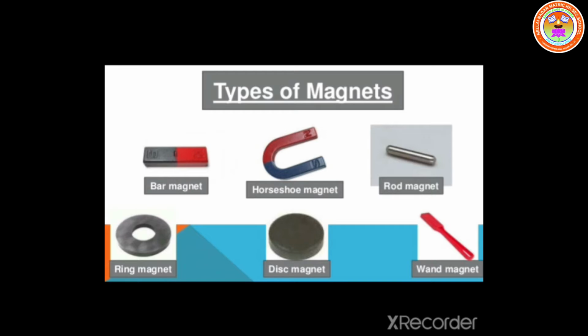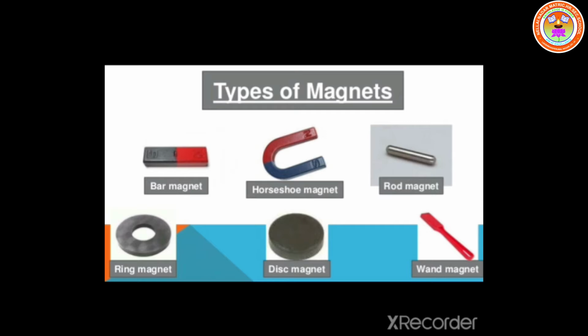In this picture, we have different types of magnets: bar magnet, horseshoe magnet, rod magnet, ring magnet, disc magnet, and so on. These magnets are made by man, so they are called artificial magnets. Artificial magnets are available in any shape and any size.